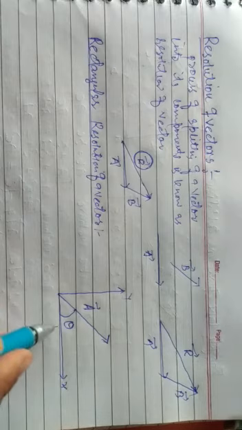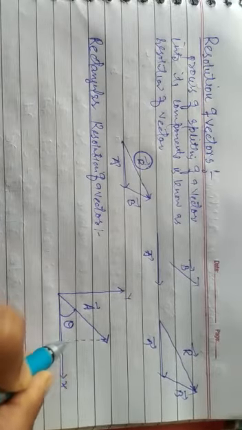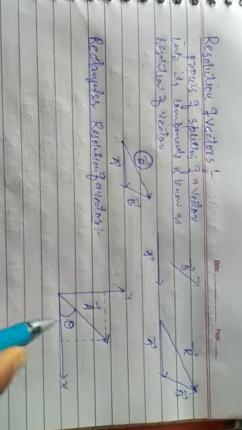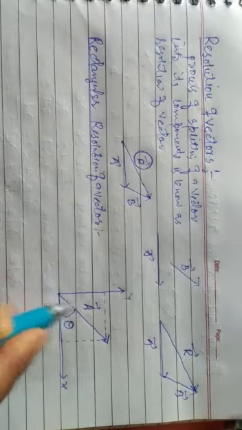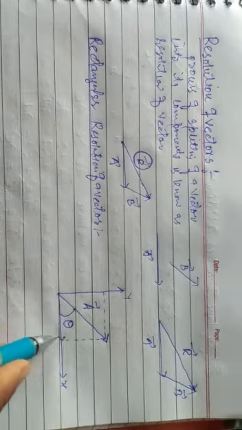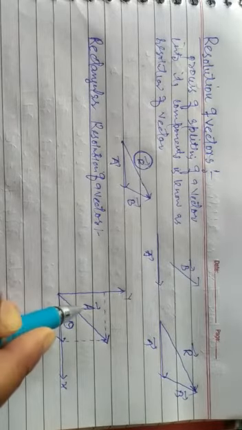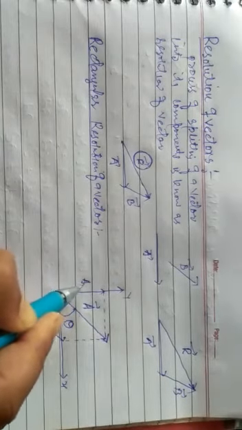If I draw a perpendicular here on the x-axis and another perpendicular on the y-axis, now I will give components. I will say the component of this vector along the x-axis is ax, and the component of this vector along the y-axis is ay.